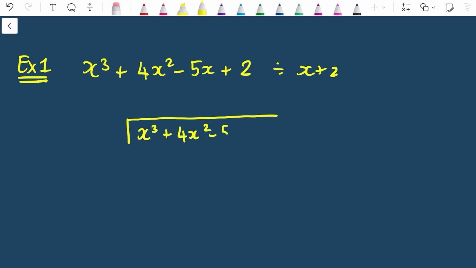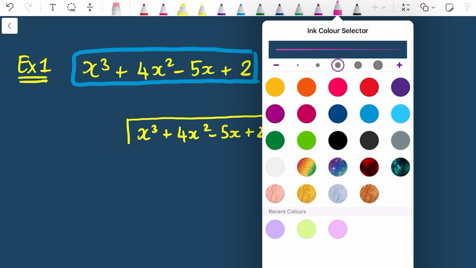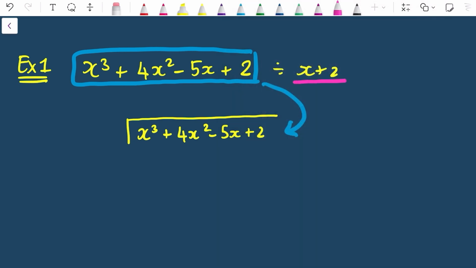What we are dividing into, we're dividing x plus 2 into that cubic. We write that under the bus stop. And what we are dividing by, this x plus 2, we're going to write on the left-hand side here.